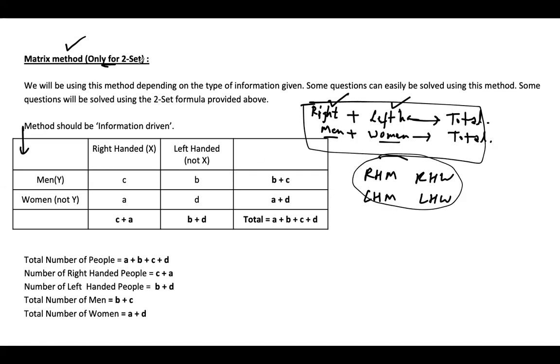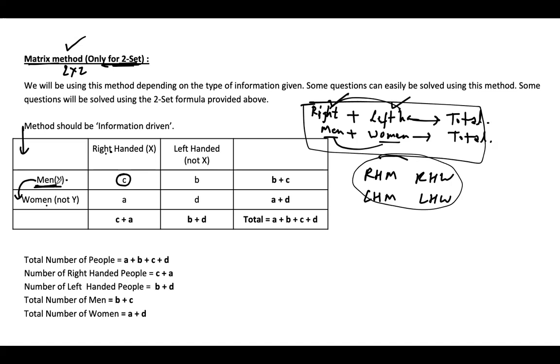And hence I'm making a matrix. This is called a 2 by 2 matrix, and this is valid only for two sets, as in when there are two types of variables, as in right-handed, left-handed, men, women. So right-handed men, let's say, I have written C. Whatever I'm writing here, for men I'll write the complement of it.